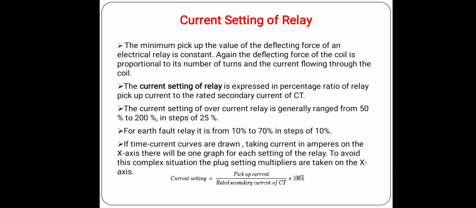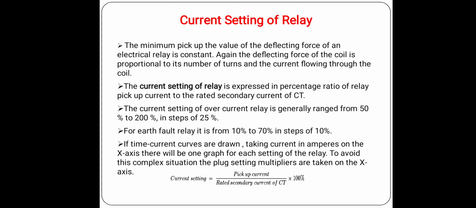That means if the current rating of this relay is 5 ampere and we have a phase to phase fault, we will set it at 50% to 200%. It can be set at 2.5 ampere and the step will be 25%. That means after 2.5 ampere, the value will be set at 3.75 ampere, then 5 ampere, then 10 ampere.